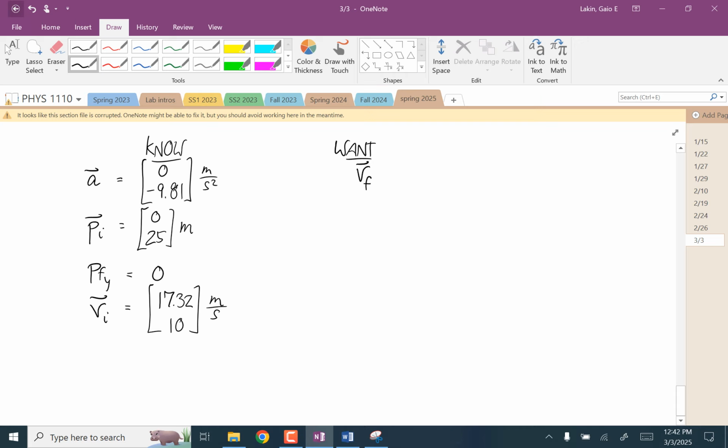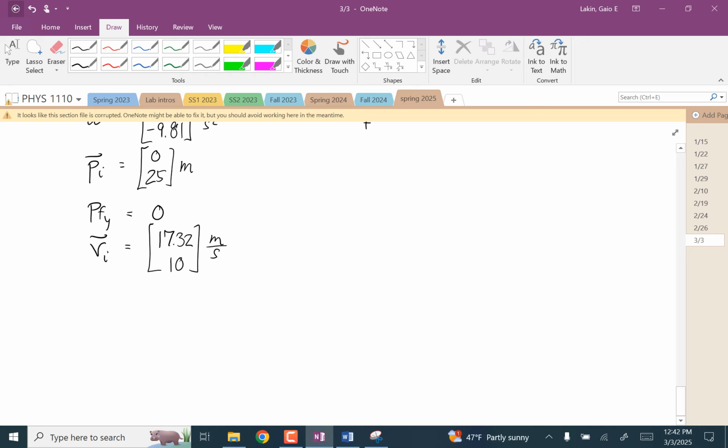I think we can calculate V final y using this equation. 2ay times the quantity PFY minus PIY is equal to VFY squared minus VIY squared.